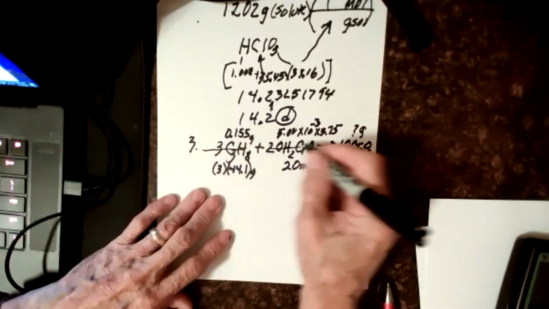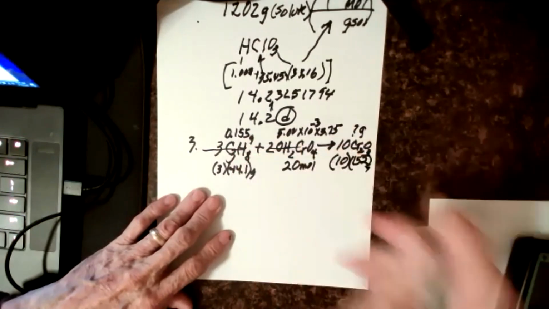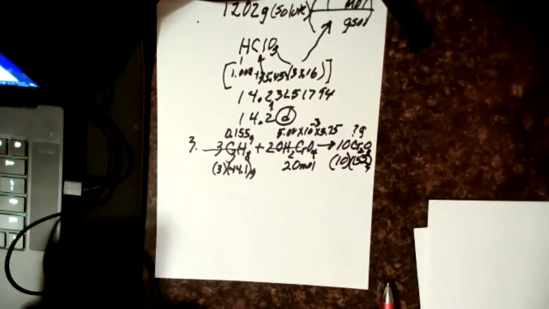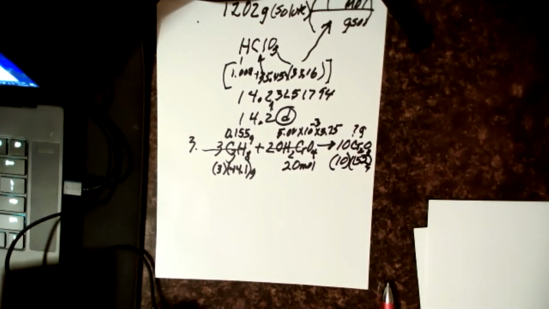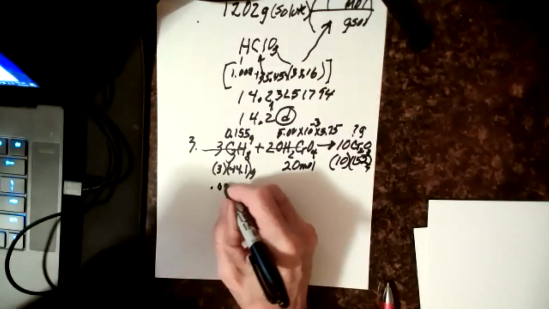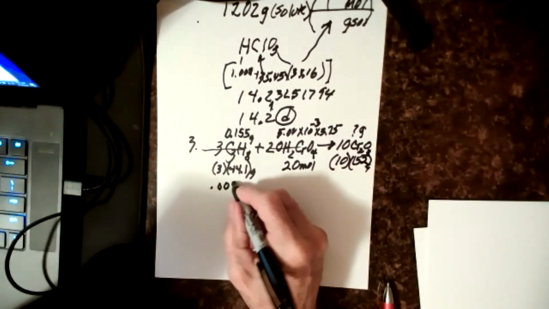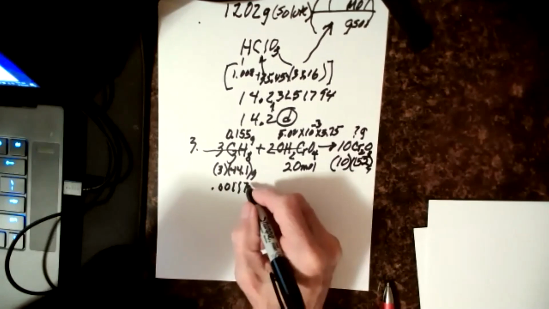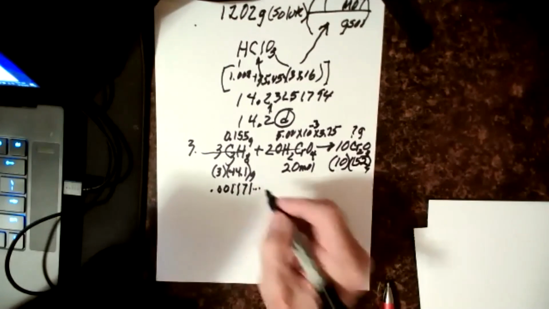Okay, now let's do our rebalancing factors. I'm going to divide these out, this divided by this and this divided by that. Let's see what we get. I take 0.155, divide by 3, and divide by 44.1. Yes, I'm coming out with 0.001171 and some other digits.